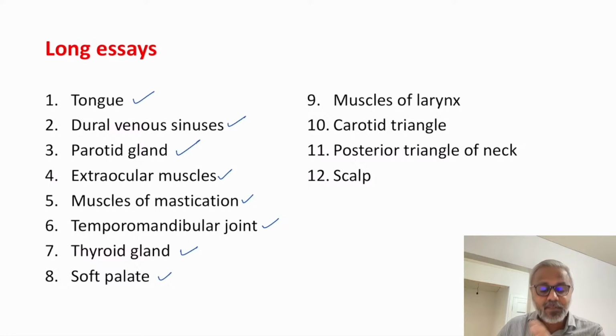Apart from these, there are questions on the intrinsic muscles of the larynx. Then the carotid triangle, a part of the anterior triangle of the neck, the posterior triangle of the neck, and anatomy of the scalp. If you analyze the question papers of the majority of universities, these are the topics that have been asked most frequently. So these are the topics that you must be prepared thoroughly with.